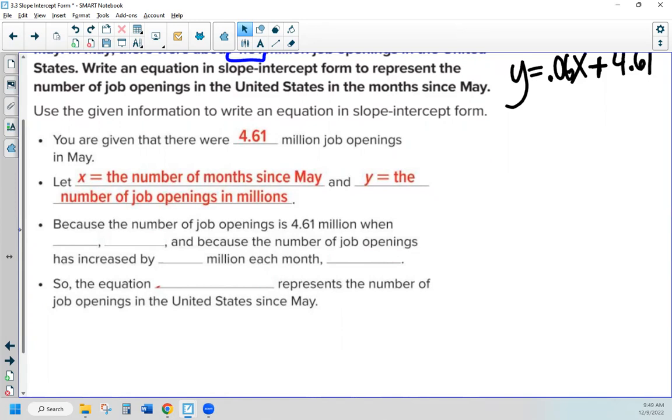Because the number of job openings is 4.61 million when x is 0, meaning when we haven't really counted after May, our y-intercept, or our b, becomes 4.61. And because the number of job openings has increased by this much in millions each month, that makes it our slope. That's what keeps repeating. So the equation that we came up with represents the number of job openings in the United States since May.